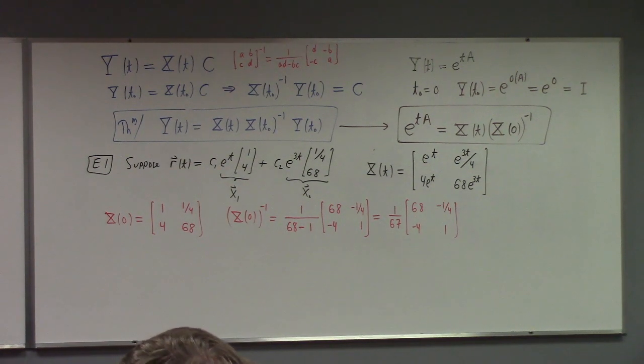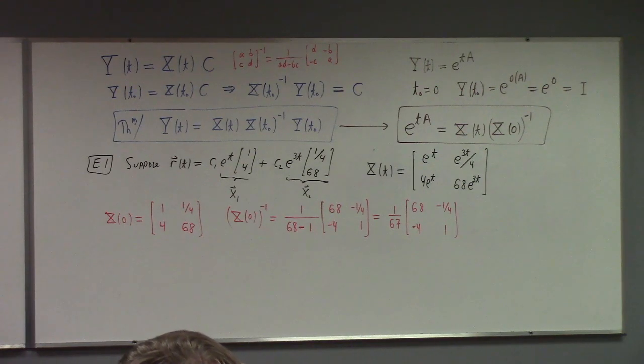So my matrix exponential e to the ta, if we believe the general derivation, is supposed to be x of t times x of 0 inverse. I'm going to pull that 1 over 67 out front.